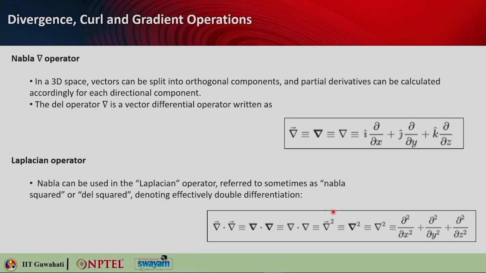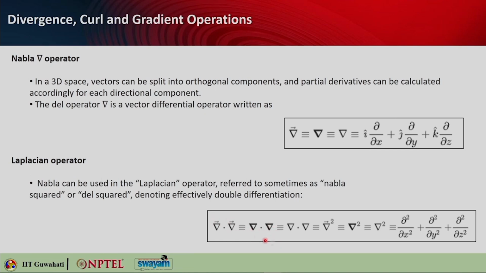Similar to the nabla or del operator, you can also have another operator called the Laplacian, which is also based on nabla. It is basically nabla squared. The Laplacian is also sometimes called the nabla squared or del squared operator. What does that do? Double differentiation. It can be represented as del dot del, or you can use boldface instead of the vector arrows.